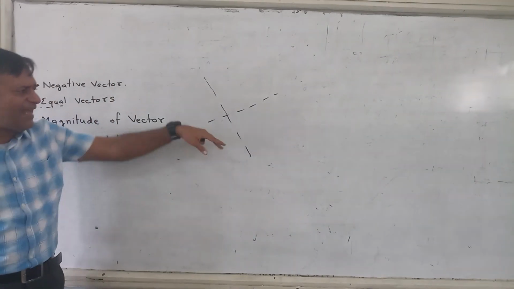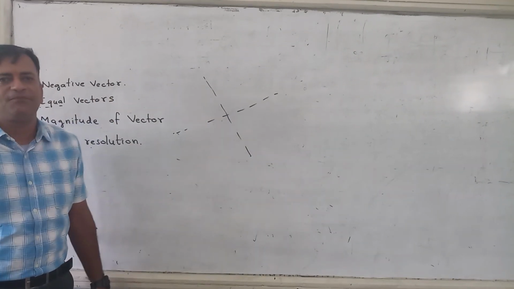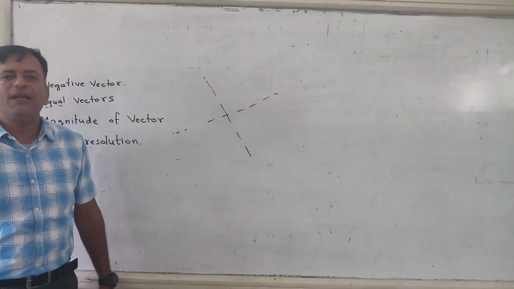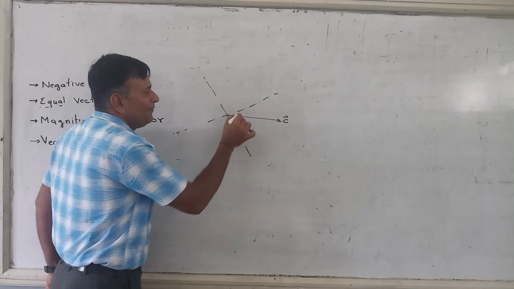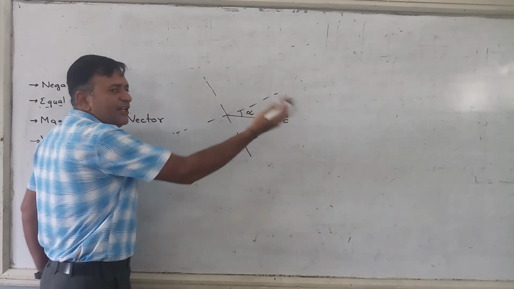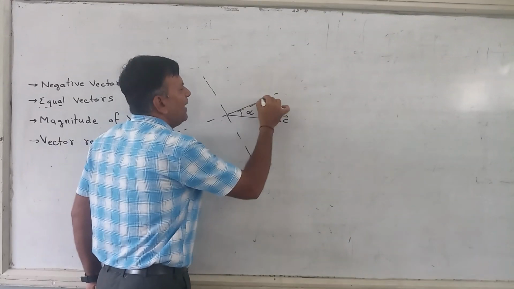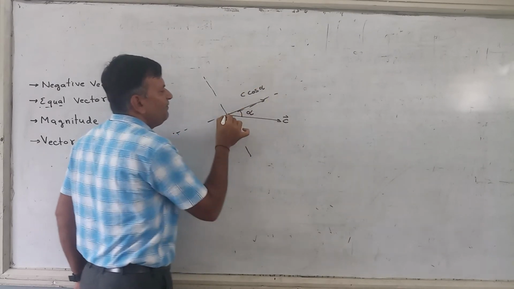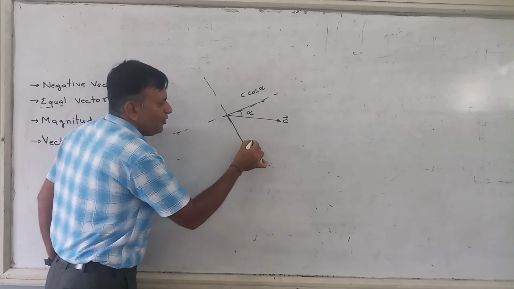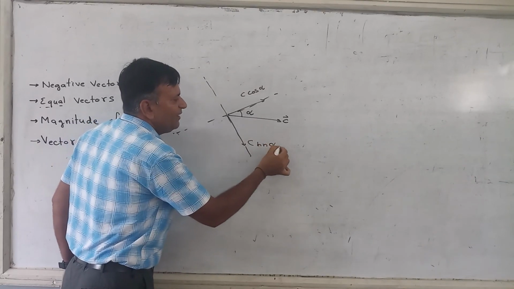X-axis and y-axis here, but I have turned it a little bit. So these are two perpendicular axes. This is the vector given to me, C. This is angle alpha. Resolve C: alpha, baju wala, C cos alpha. What remains is C sin alpha. That's it.